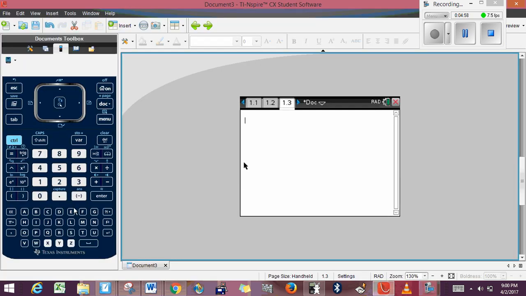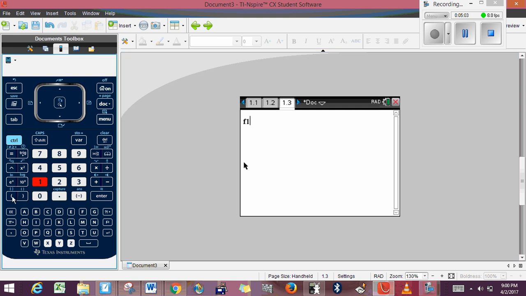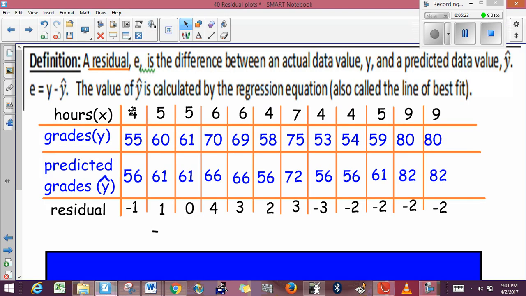But if you want to double check, you can go to F1 because that's where we stored it. So F1 of 4, we get 56. If you want to check F1 of 5, that'll be 61. So if you look at this, for x equal to 4, the predicted y value is 56.